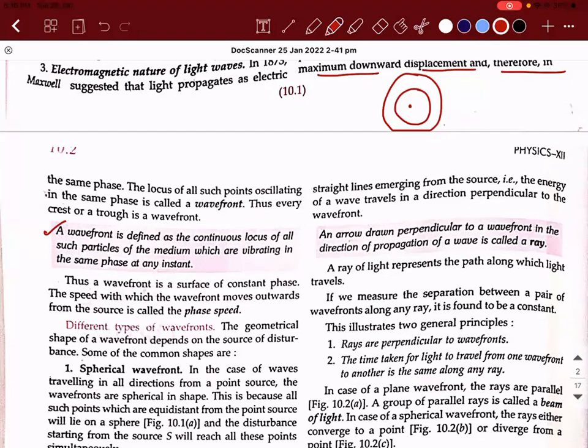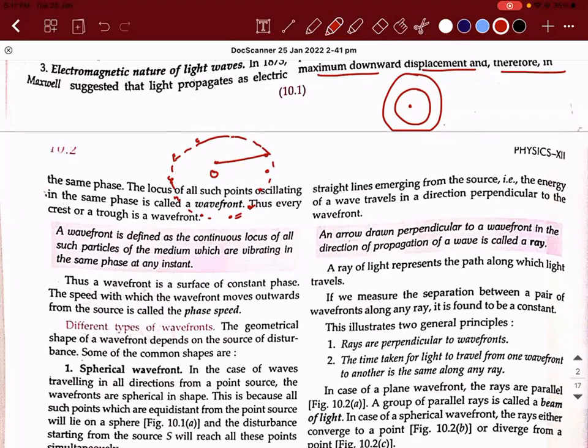What exactly is the locus? I'll tell you. Suppose I take a circle, which has a center O, and there are points which are equidistant from the center. When you join all these points, what shape do you get? That is a circle.